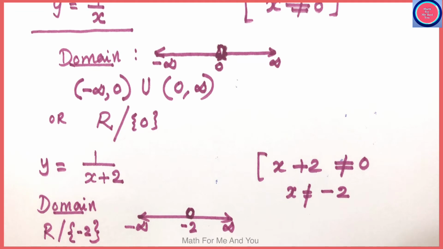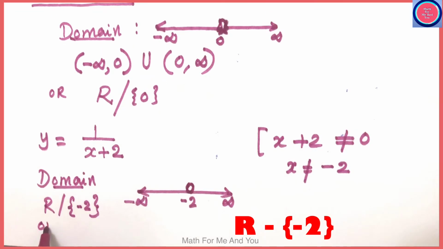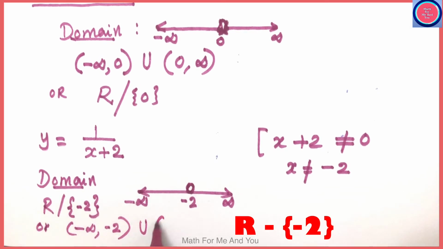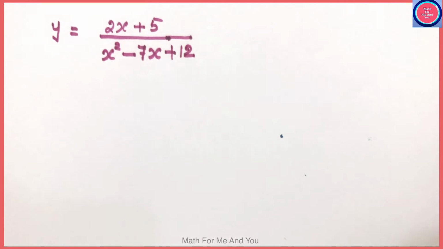That means all the real numbers except minus 2, or we can write R minus minus 2. And what is the interval form? Interval form is x takes all the values from minus infinity to minus 2, both open, use simple brackets, minus infinity to minus 2, union, minus 2 to positive infinity. That side also we use open, that means simple brackets.